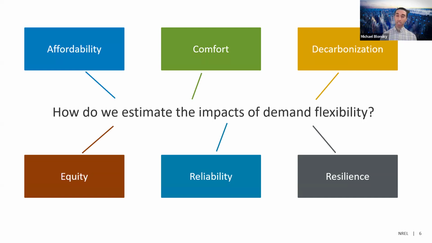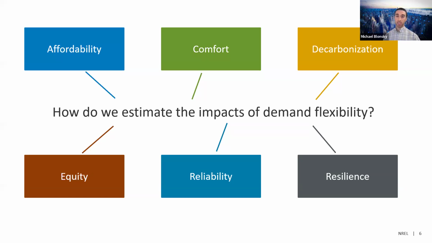And so on the customer side, people often focus on affordability and lowering energy bills for customers. Occupant comfort is a big impact to consider there. On the grid side, grid operators want to provide low-cost, reliable service and make sure that the grid is resilient in the case of extreme events. And then there are societal impacts as well.